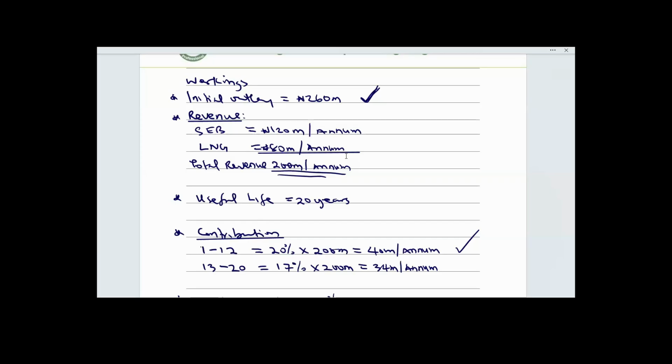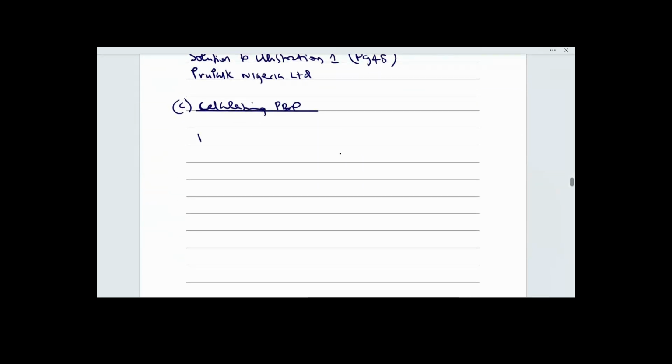So I can then say my payback period, since my cash flow of 40 million is constant for the next 12 years, is cash outflow over constant cash inflow.